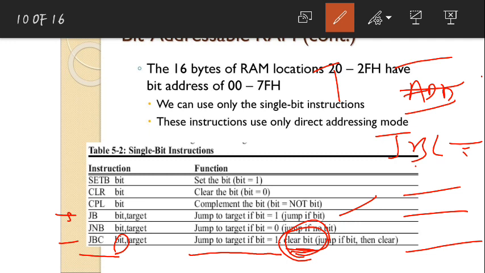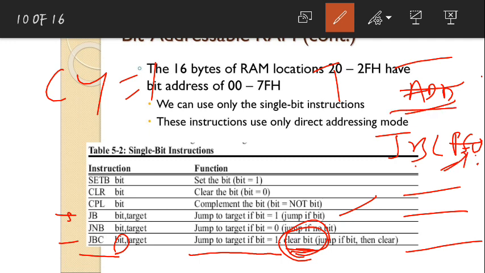When I add two numbers, it can generate a carry bit again. So when it raises the carry flag, PSW.7 will again be equal to 1 by the operation above.